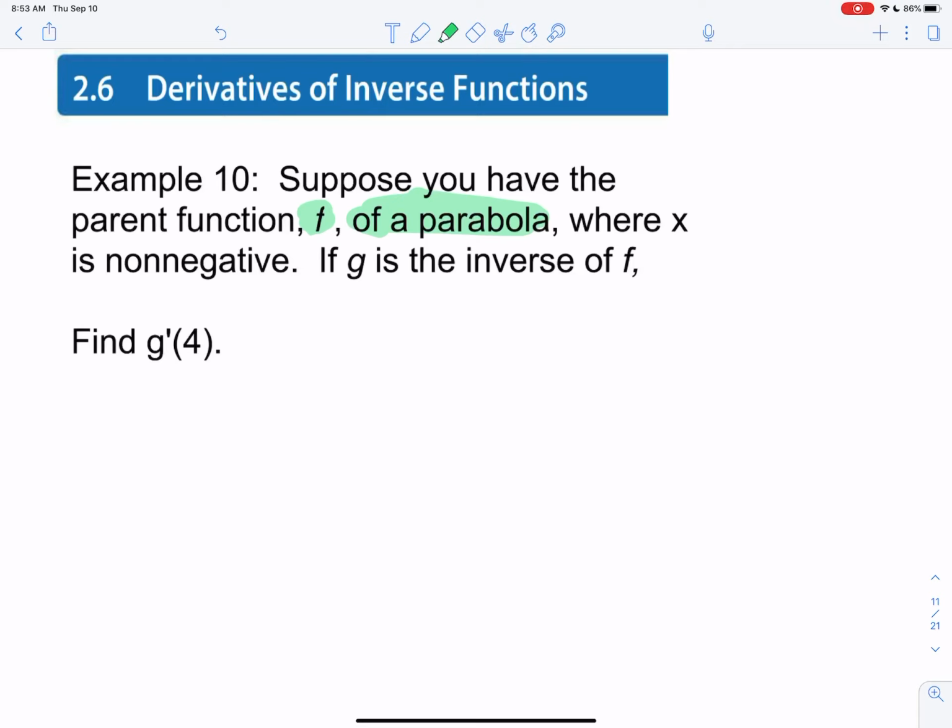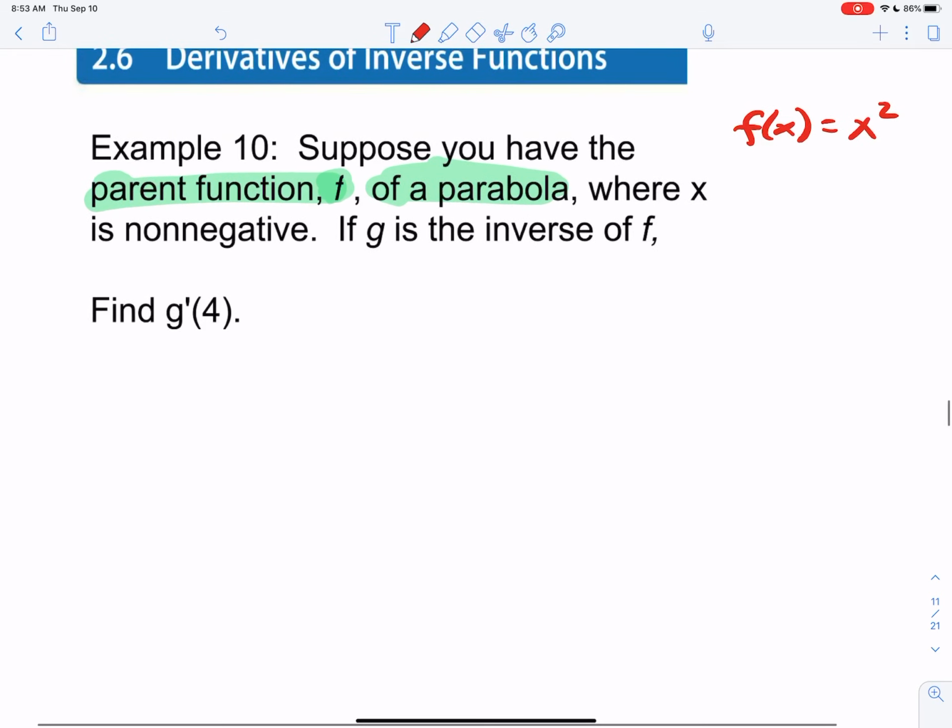Pause and press play when you're ready. So to get a parabola, you need something quadratic, something to the exponent of 2. Parent function just means the most basic one, okay? So you're dealing with f of x here is equal to x squared, all right? Where x is non-negative, okay? So meaning it can't be negative.